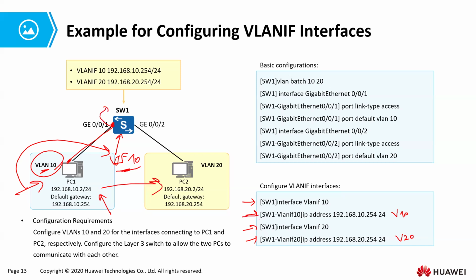When it arrives at the virtual interface, the routing table is checked for the destination, and the traffic is forwarded out through the interface for VLAN 20. The VLAN 20 tag is removed, then it is forwarded to this device. That's basically how layer 3 switches can be used to perform inter-VLAN routing duties.